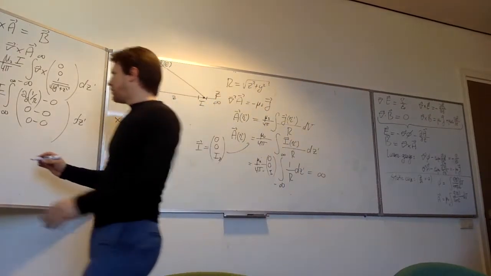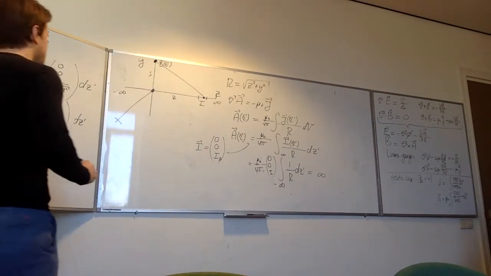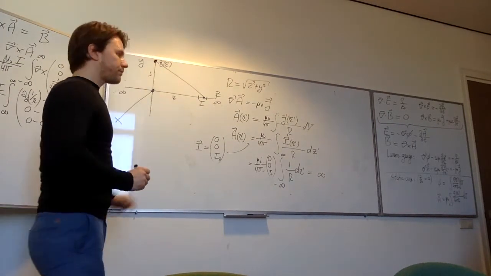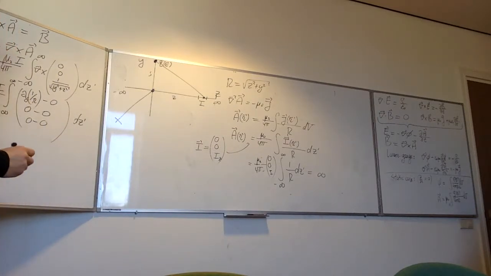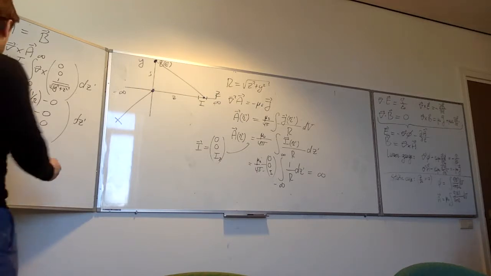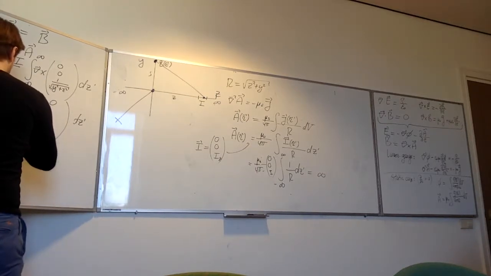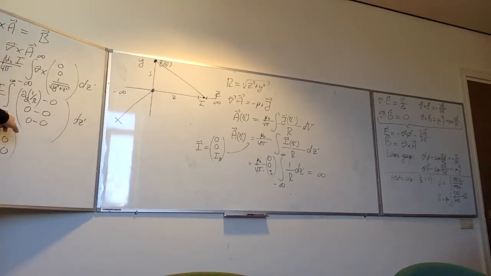Okay, so good news. We have now found that the B field is along this line somewhere. And the rest is just doing the remaining integral. Well, it's going to be a vector that only has an X component. So let me write it like this. A vector has only an X component.